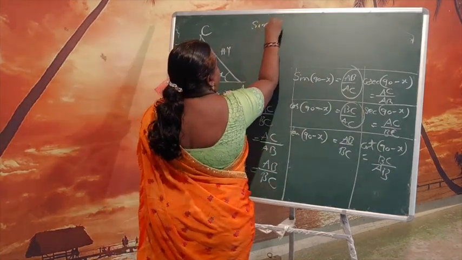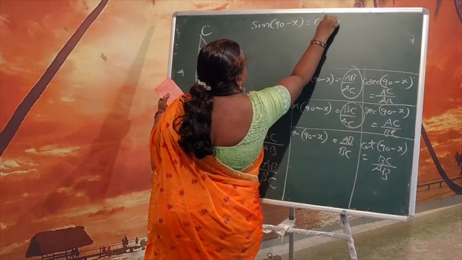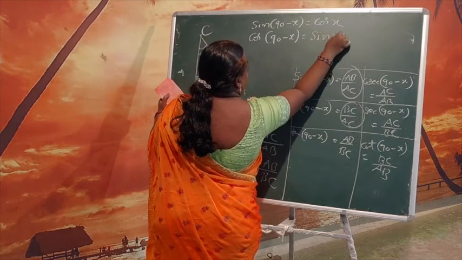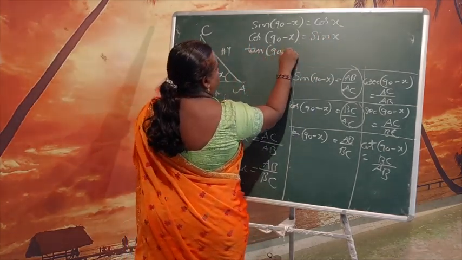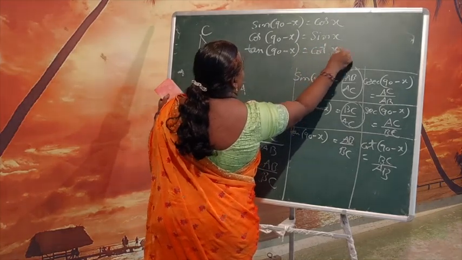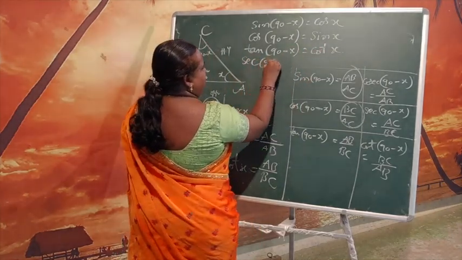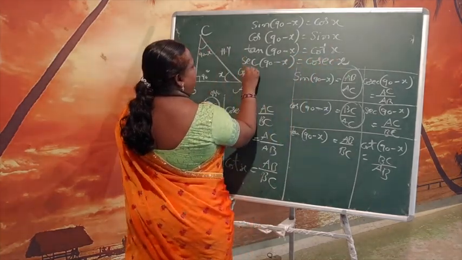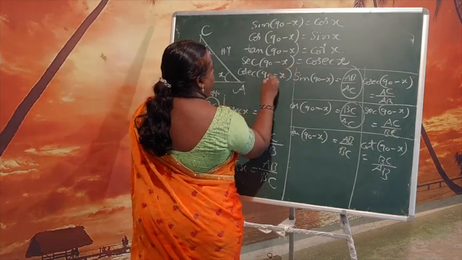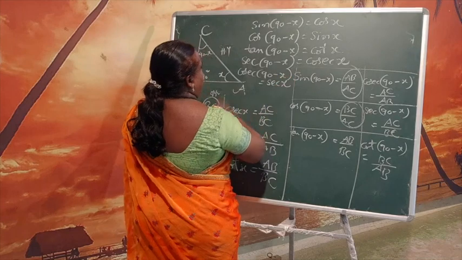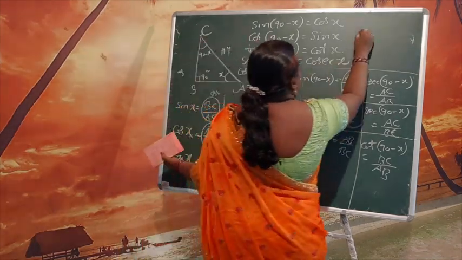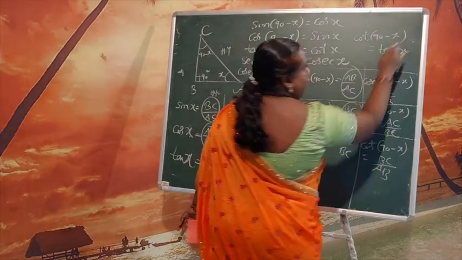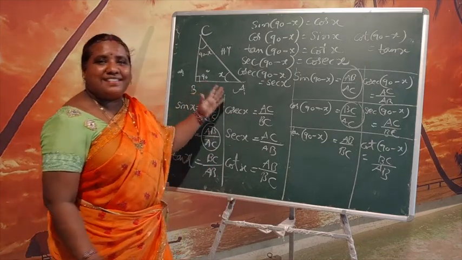So you can write that sin 90 minus x is equal to cos x, and cos 90 minus x is equal to sin x, and tan 90 minus x is equal to cot x, and secant 90 minus x is equal to cosecant x, and cosec 90 minus x is equal to secant x. And finally, cot 90 minus x is equal to tan x. So these are the complementary angles.